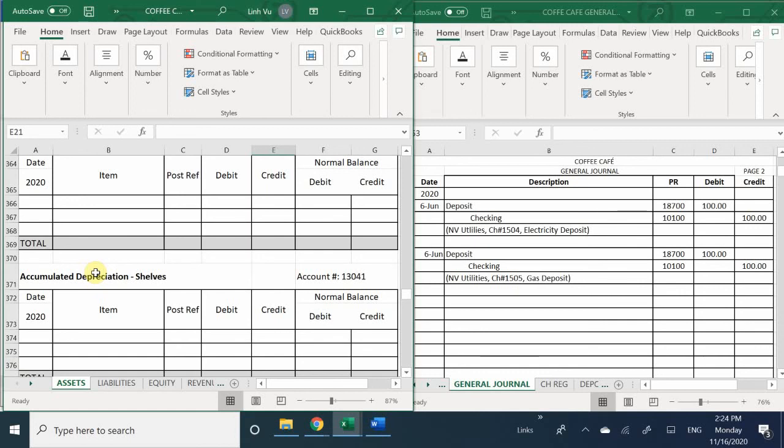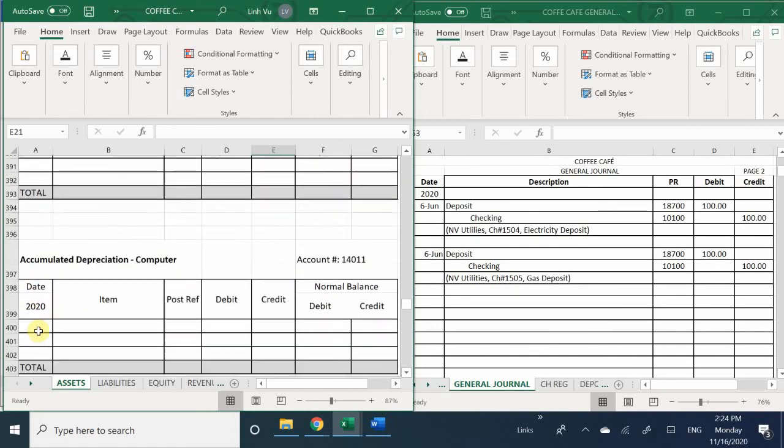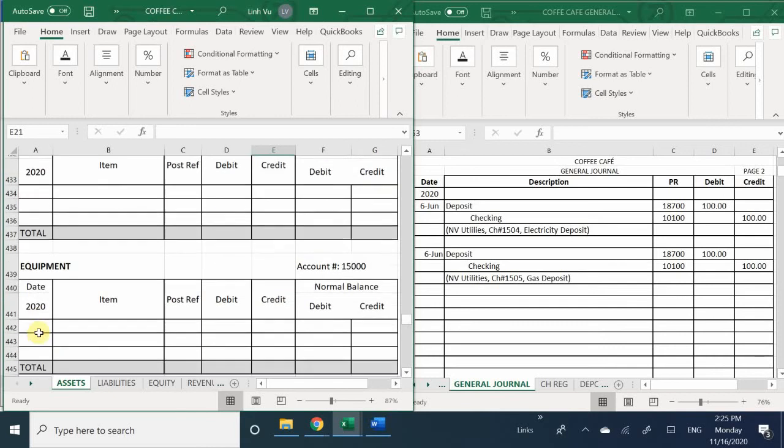If you'd rather put the checking in first and then go back and do the deposit, it is up to you. But if this is your first time doing something like this, I recommend you do it exactly in order, because when we're dealing with transactions that have multiple accounts, it will be hard to keep track of what you've already done. So with that being said, I'm going to go to my deposits first.